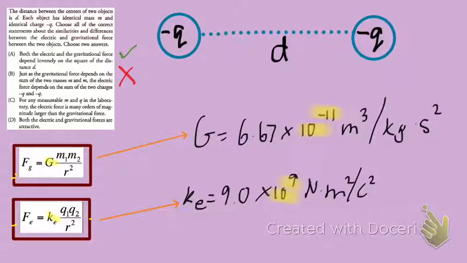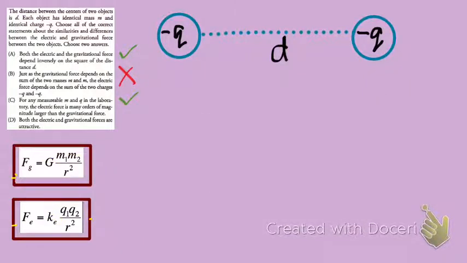So no matter what numbers we have for the masses and the charges, these numbers are so large and small that we can always tell that the electrostatic force is much greater than the gravitational force in any situation. So now we know that C is right.